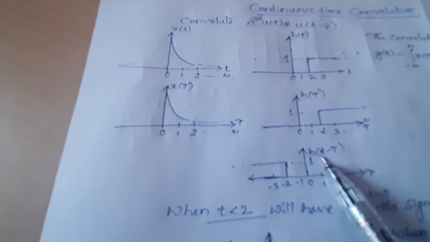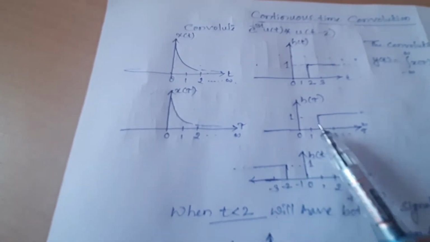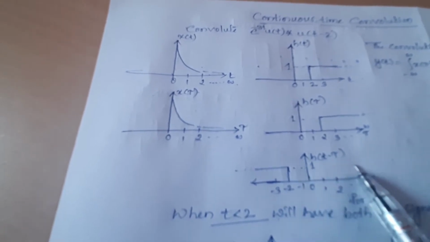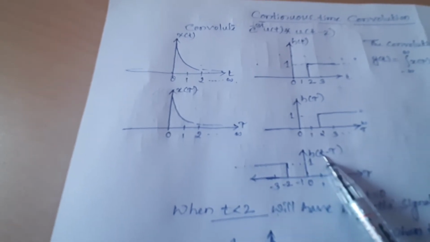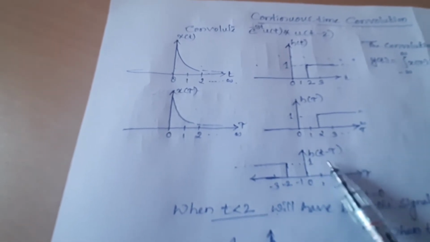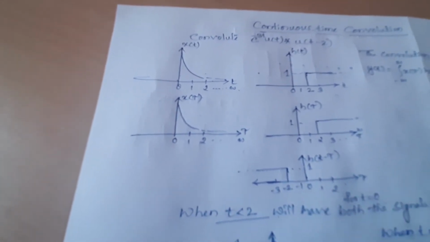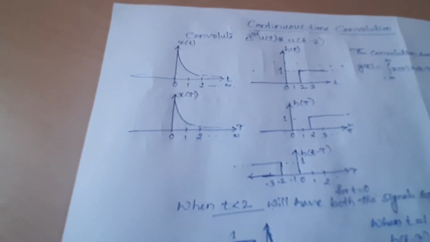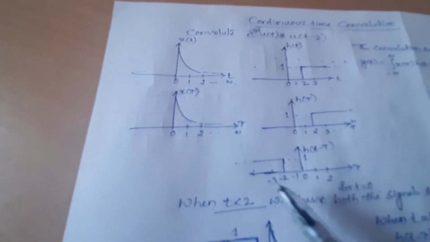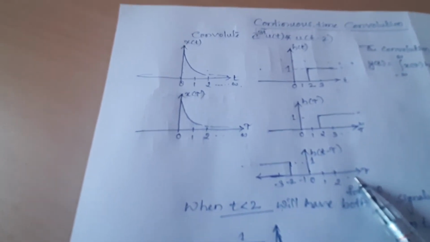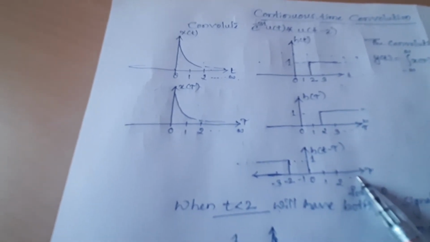When t takes positive values, the h of t minus tau signal moves to the right side, and when t is negative, h of t minus tau moves to the left side. So by taking different values for t, we can move this signal throughout the region from minus infinity to plus infinity, and we'll find where the result of convolution is 0 and where it is not 0.